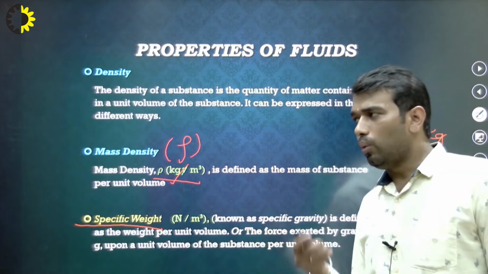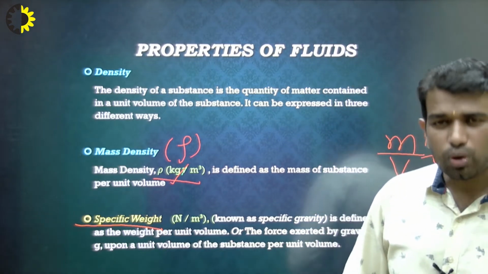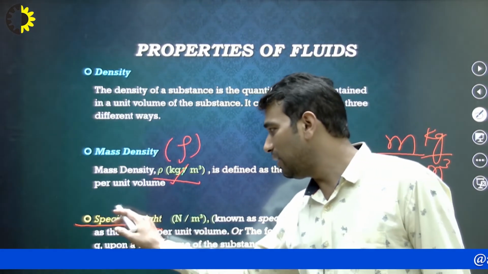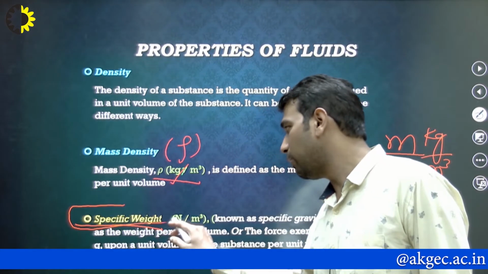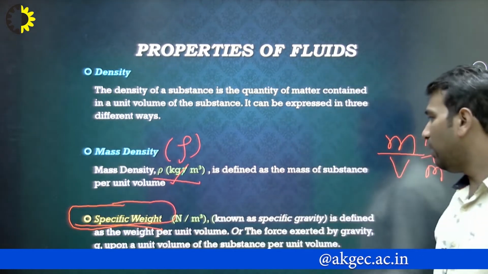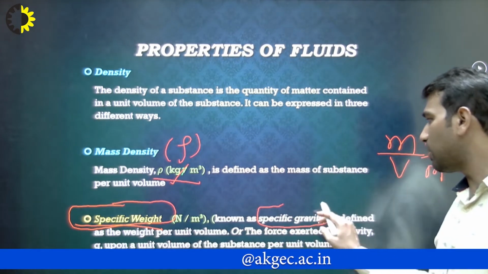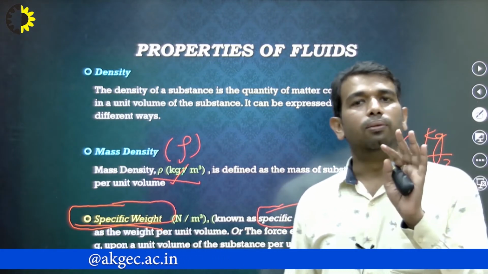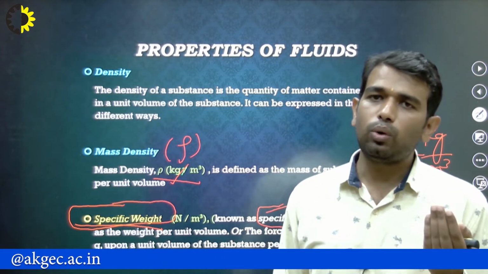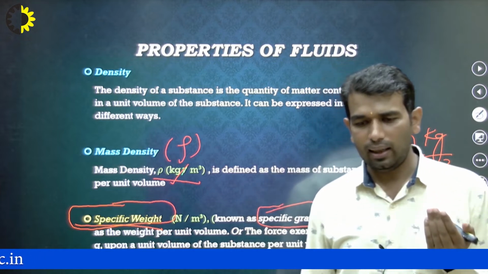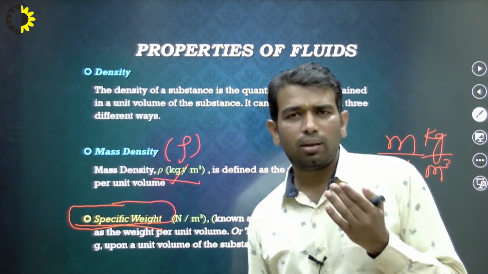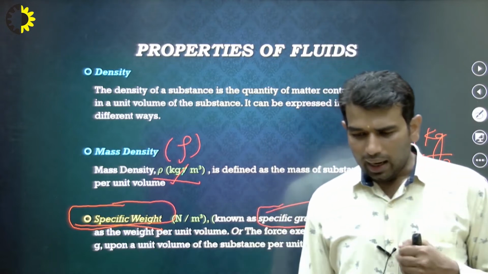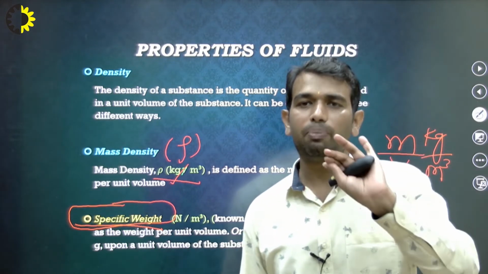To avoid those confusions, most books instead use the term specific weight, and another name is specific gravity. All these terms are exactly the same. You can call it weight density, that is correct, but very often in your textbook the most common name is specific weight. All these three are exactly the same.